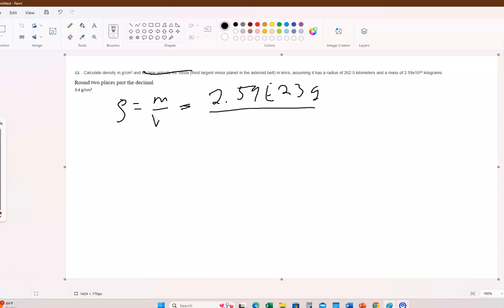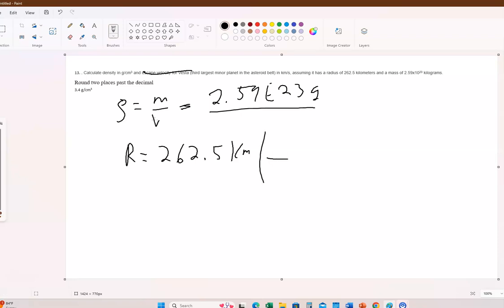The volume one is the one that's a little bit more involved. So they give us the radius of this thing as 262.5. I just did a very similar problem, where we calculated the surface gravity and the escape velocity. So it's in kilometers.